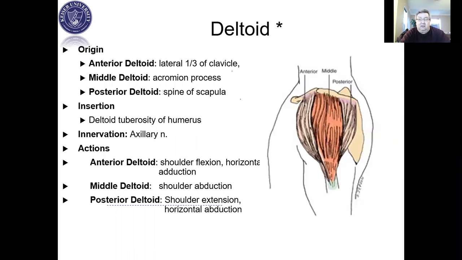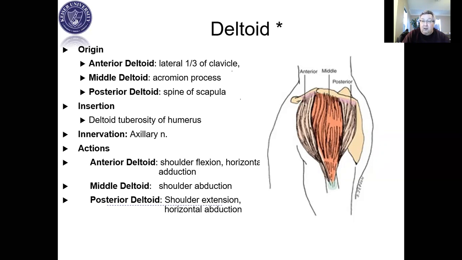All right, so like I said, deltoid is a superficial muscle, and it's probably the strongest muscle of the shoulder itself. So it sits over the supraspinatus, over the infraspinatus, and over the teres minor and the subscapularis. An expansive muscle, it has, like the trapezius, I need you to treat this muscle as three muscles.